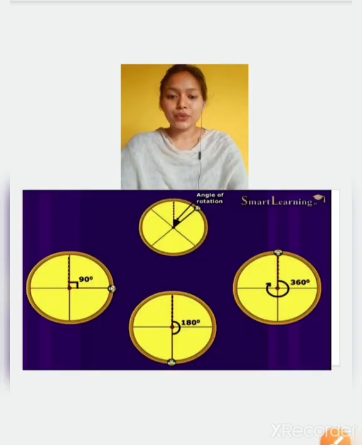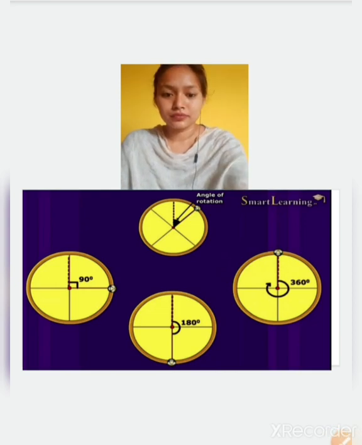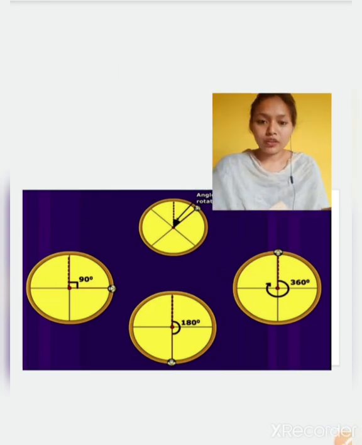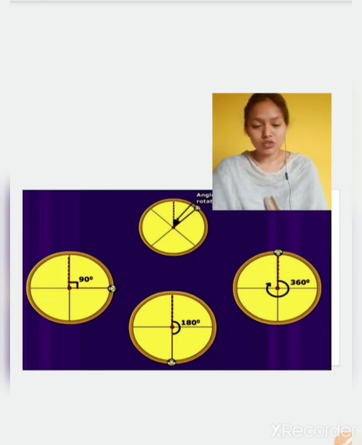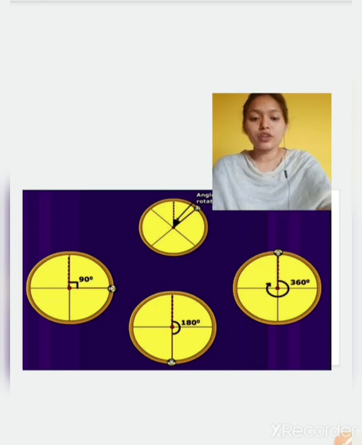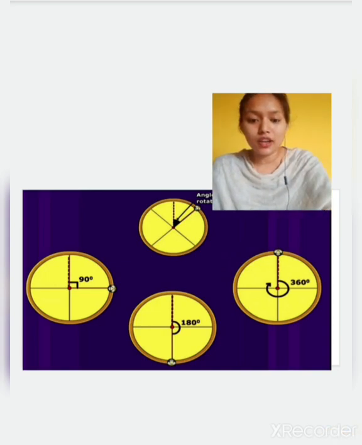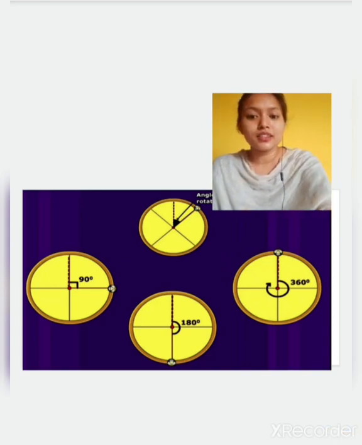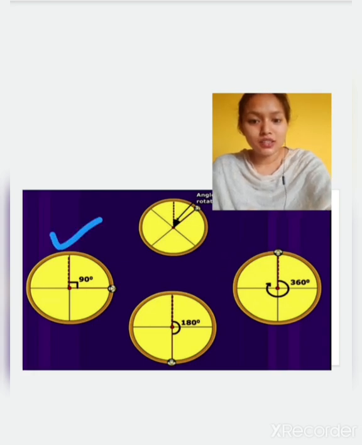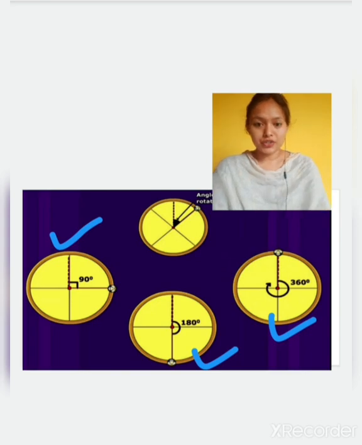Now here you can see we can rotate objects in the clockwise or anti-clockwise direction according to angles also. Here you can see we have rotated these figures according to the angle. This is a 90-degree rotation, this is a 180-degree rotation, and this is a 360-degree rotation.